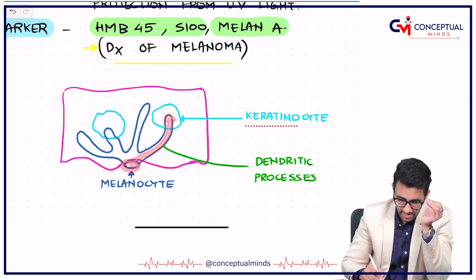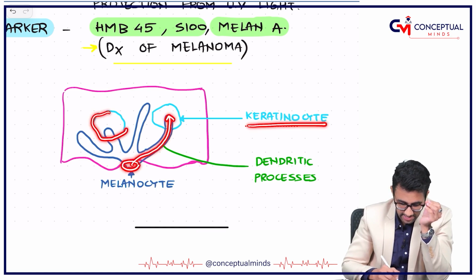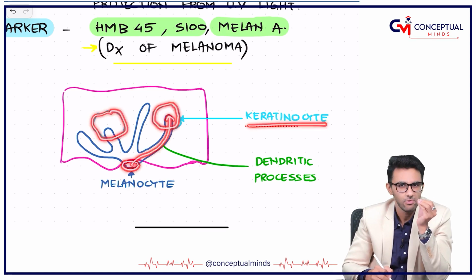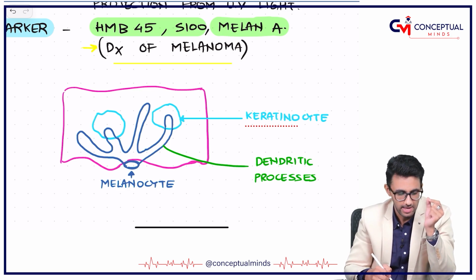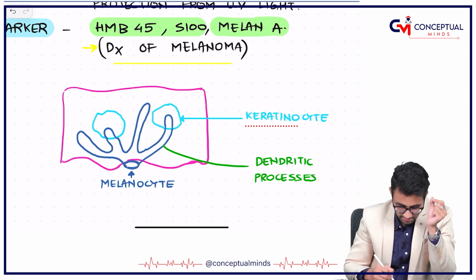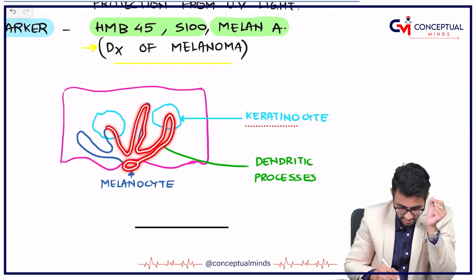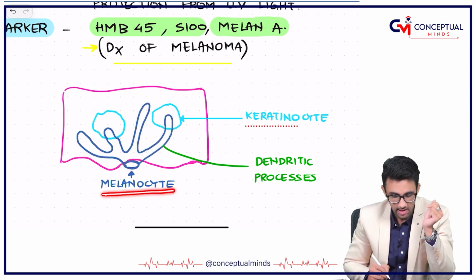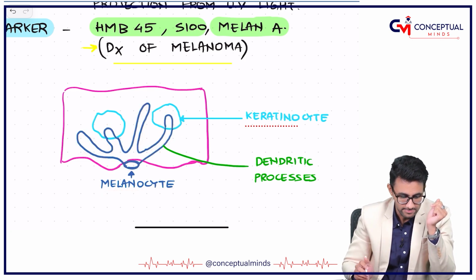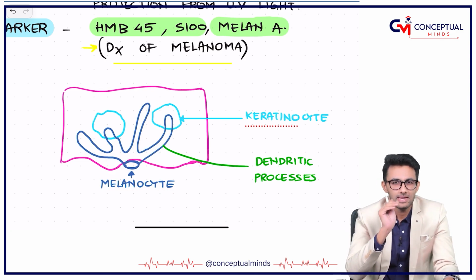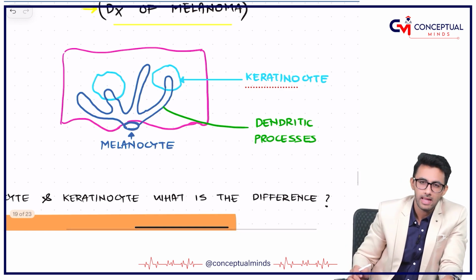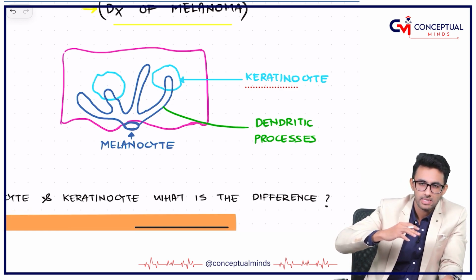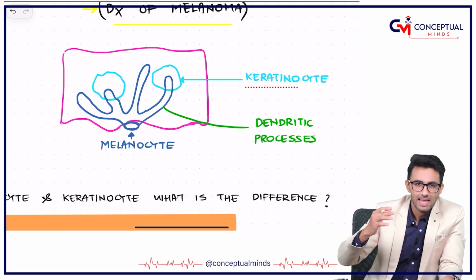The light blue one is a regular keratinocyte. And these are the dendritic processes. This is a melanocyte. The point is that melanocytes contain melanosomes, and the melanosome produces melanin pigment.